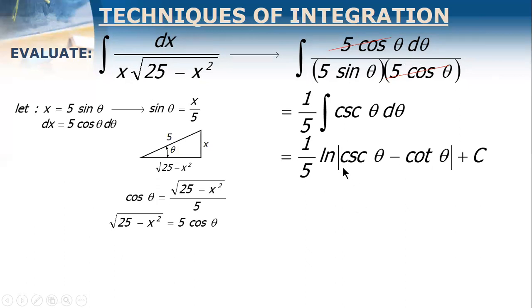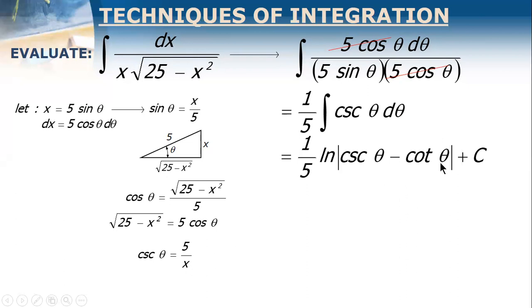Okay. So, what is cosecant? Cosecant is the reciprocal of sine. And sine is opposite over hypotenuse. Therefore, cosecant theta is hypotenuse over opposite. So from this triangle, cosecant theta is 5 over x.